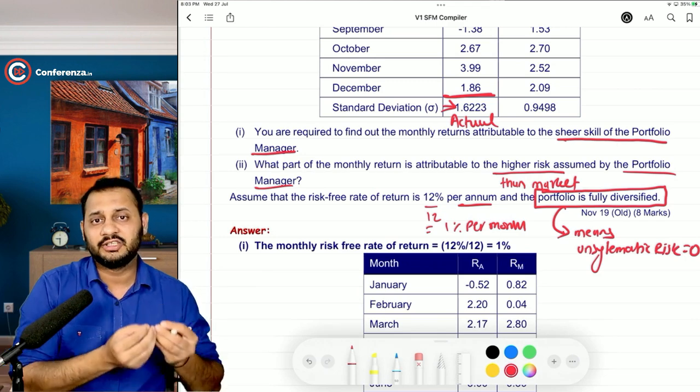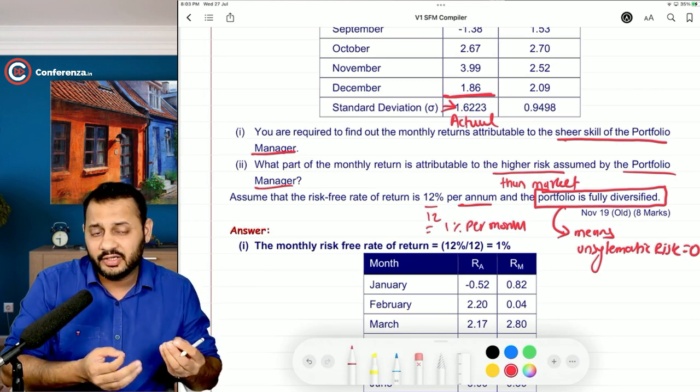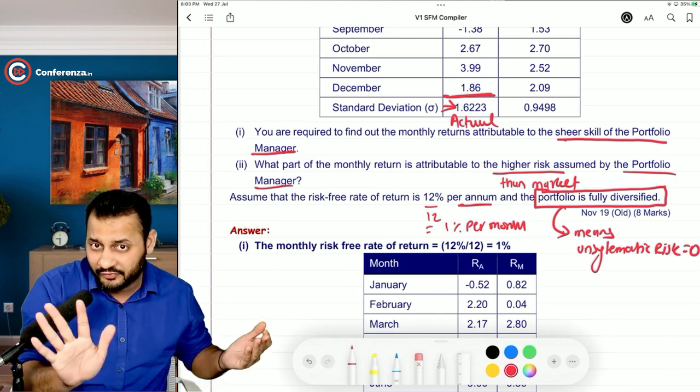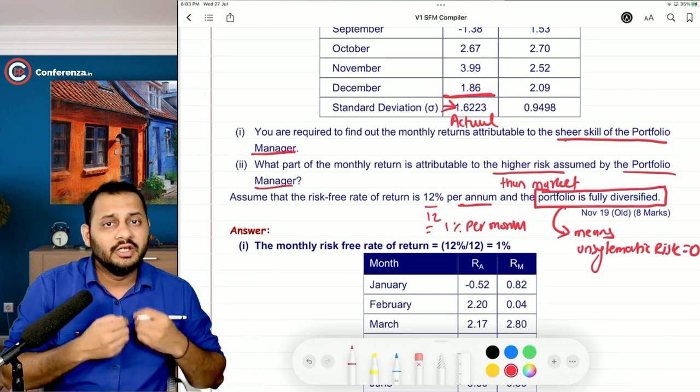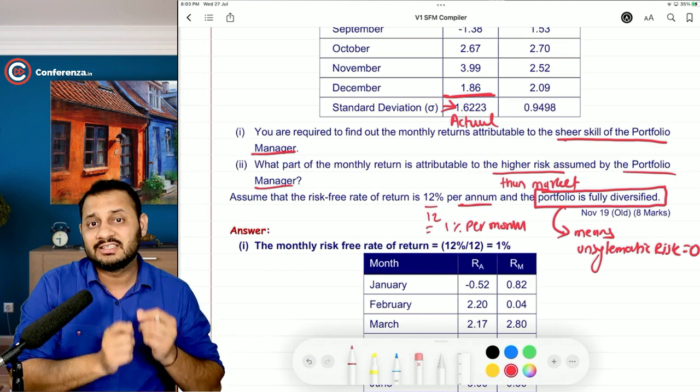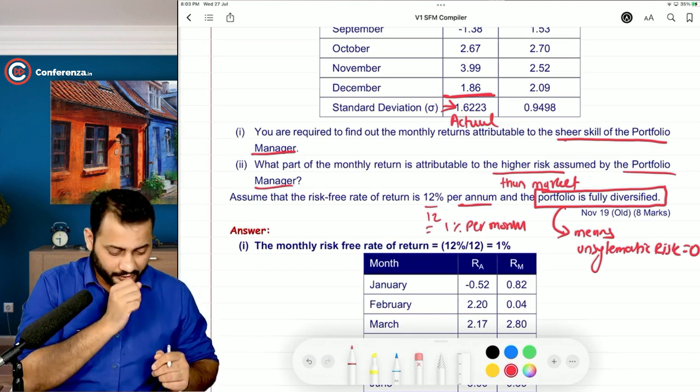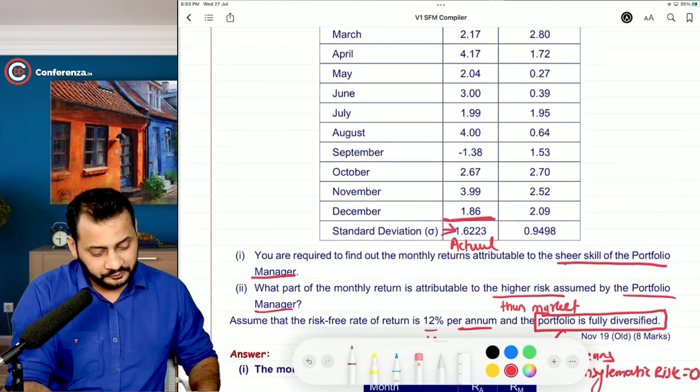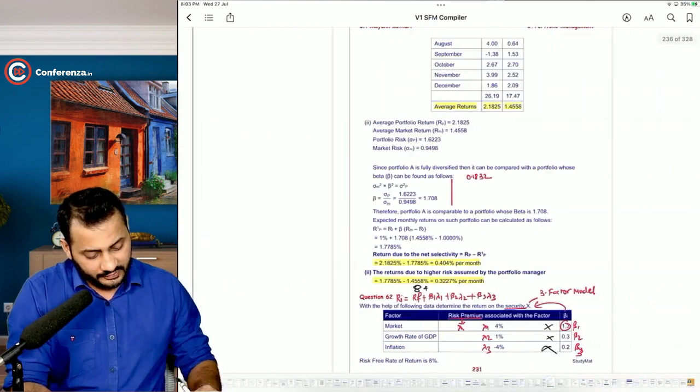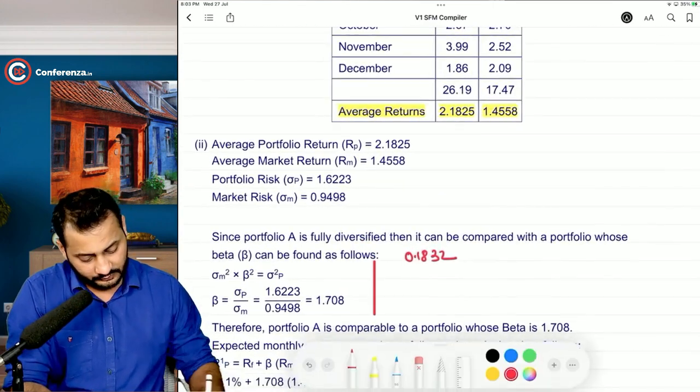And if the statement is fully diversified, it means the unsystematic risk has been removed from the portfolio. Now the only risk is the systematic risk. I will talk about it. Let's first find out the beta.